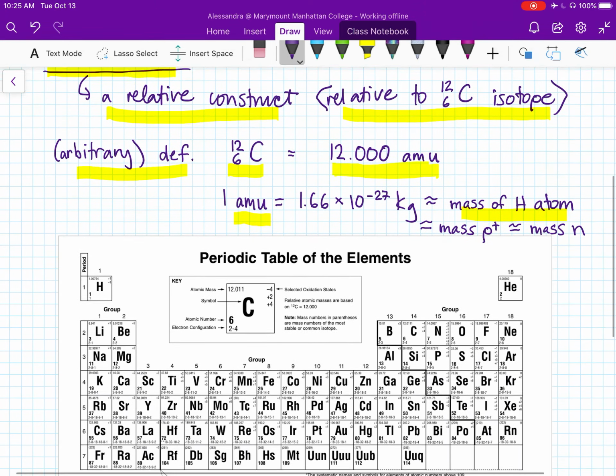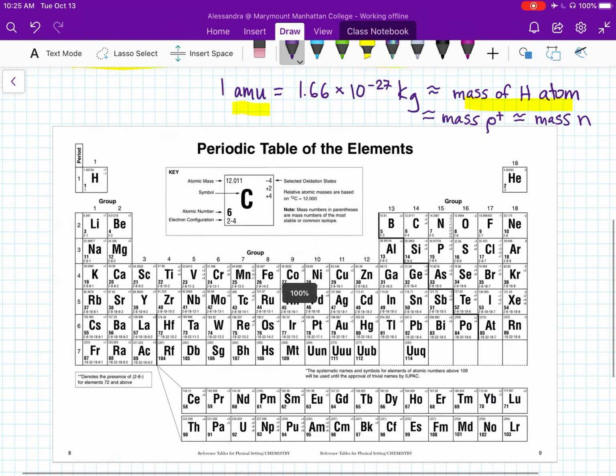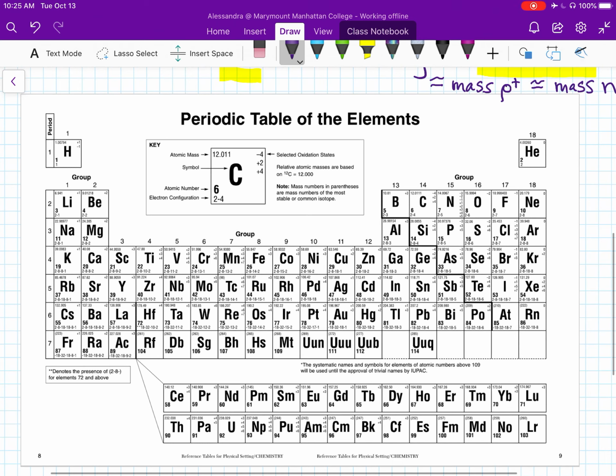So now I want to look at the periodic table, and I want you to notice, this is something I've kind of drawn your attention to before, that the atomic masses on the periodic table, so these top numbers here, they're never whole numbers, right? They always have non-zero decimal places, and that's true for carbon as well.